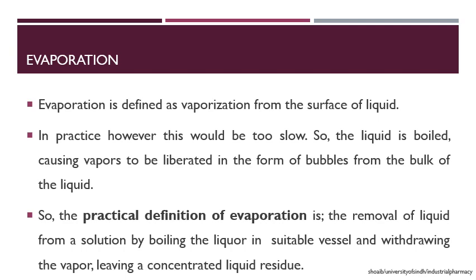Now, in this process, we are boiling a liquid in a suitable vessel. As the process of evaporation is carried out, the vapors of the liquids are removed, and there is a remaining concentrated liquid residue in our vessel.